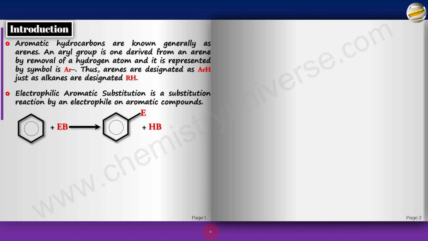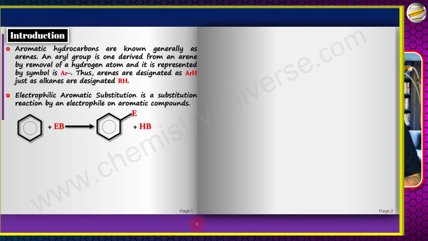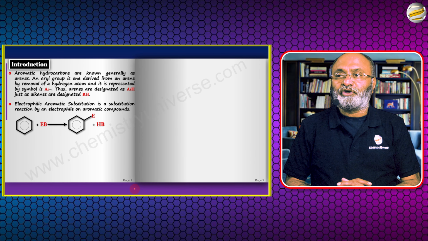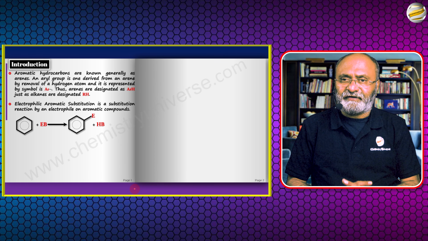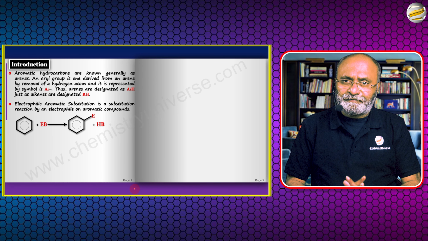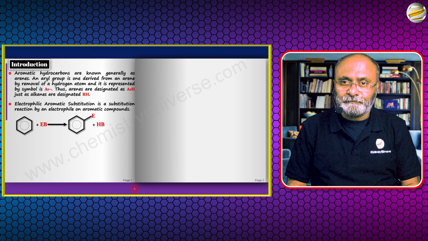Now, another very important thing is that benzene shows only electrophilic substitution. All aromatic rings, other than of course hydrogenation and stuff like that, but when it comes to substitution, they only show electrophilic substitution. Benzene does not show nucleophilic substitution. And there are a variety of reasons which you are about to find out.